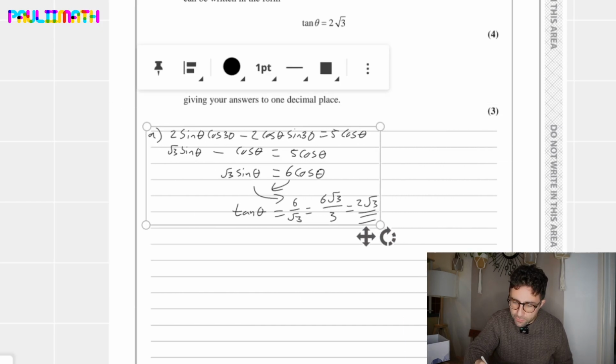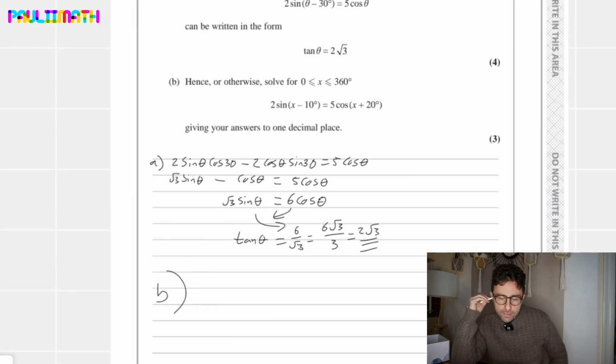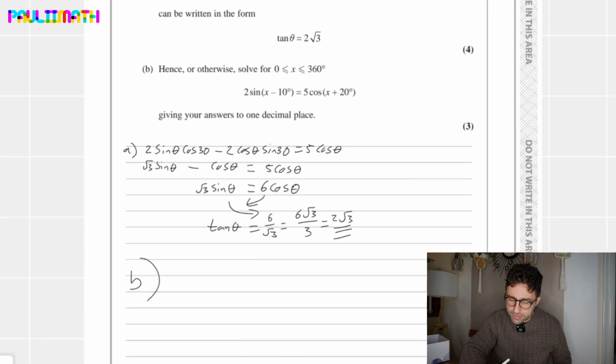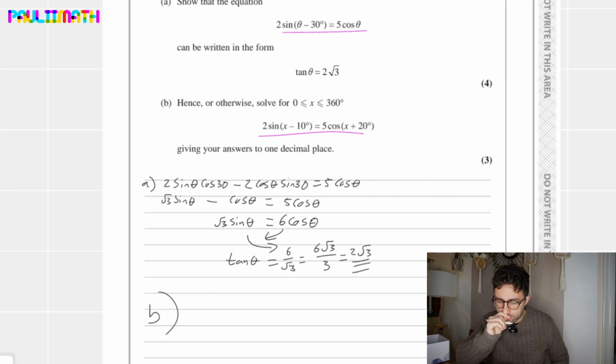Keep on moving, some have said. Hence or otherwise, solve that beast. The main thing with this is, look, it just happened in my brain there immediately. Compare this one with this one. What's happened? Particularly if you look at the cos one, that's probably the easiest to see it.